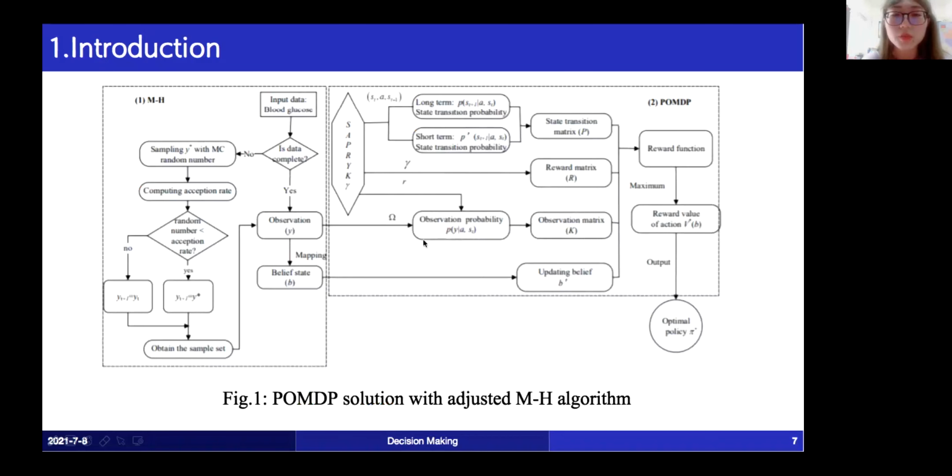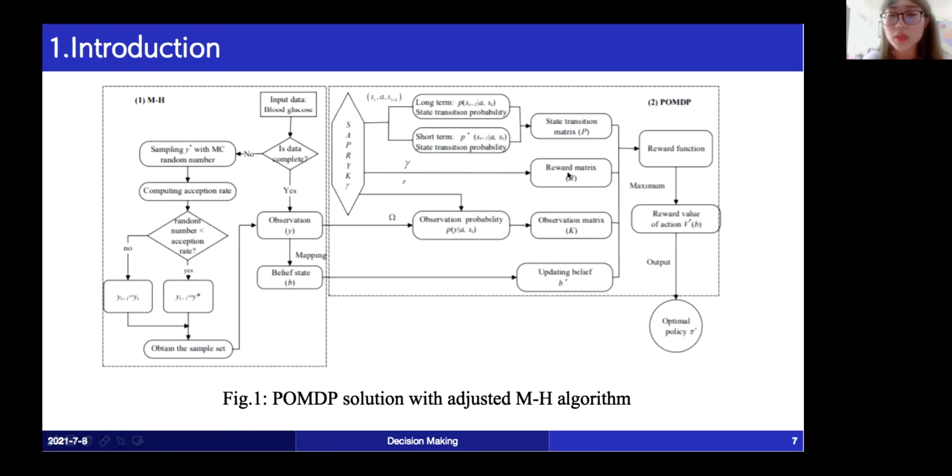Figure 1 is a framework of the whole study about solving POMDP with the adjusted MH algorithm. The left part is the adjusted MH algorithm. The initial data is the blood glucose data, and if the data is complete, it will be used as observation directly, and if the data is incomplete, it will be imputed by the MH algorithm.